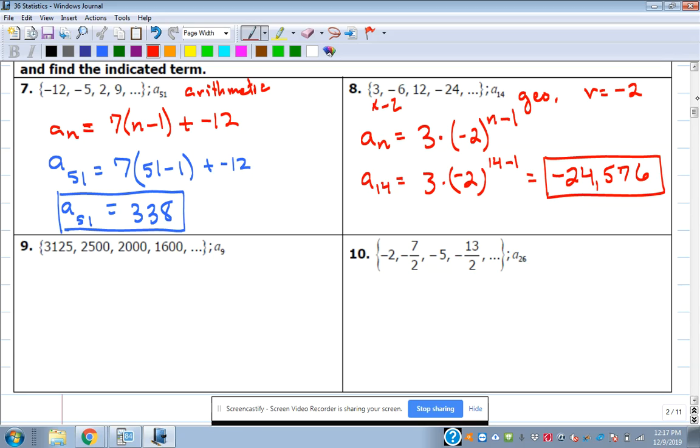So how do we find out what we multiply by to get from 3,125 to 2,500? Divide. If I divide 2,500 by 3,125, and then do the next pair, 2,000 by 2,500, I should get the same ratio. Common ratio, fractions, goes together.